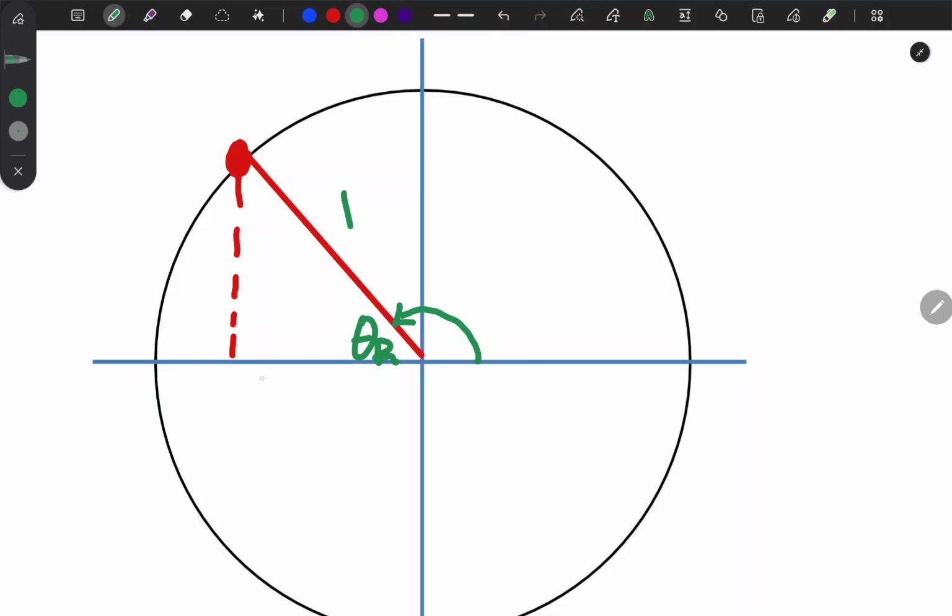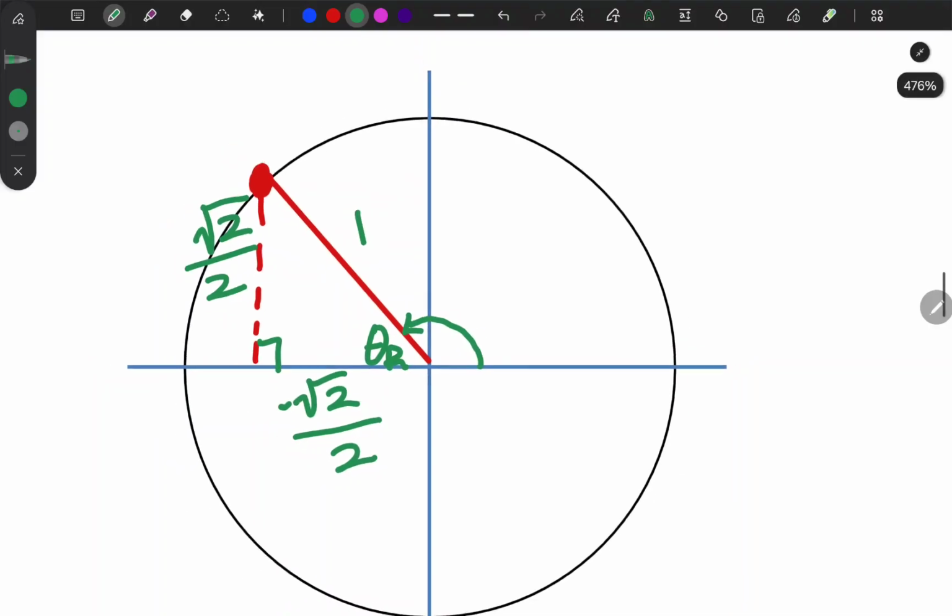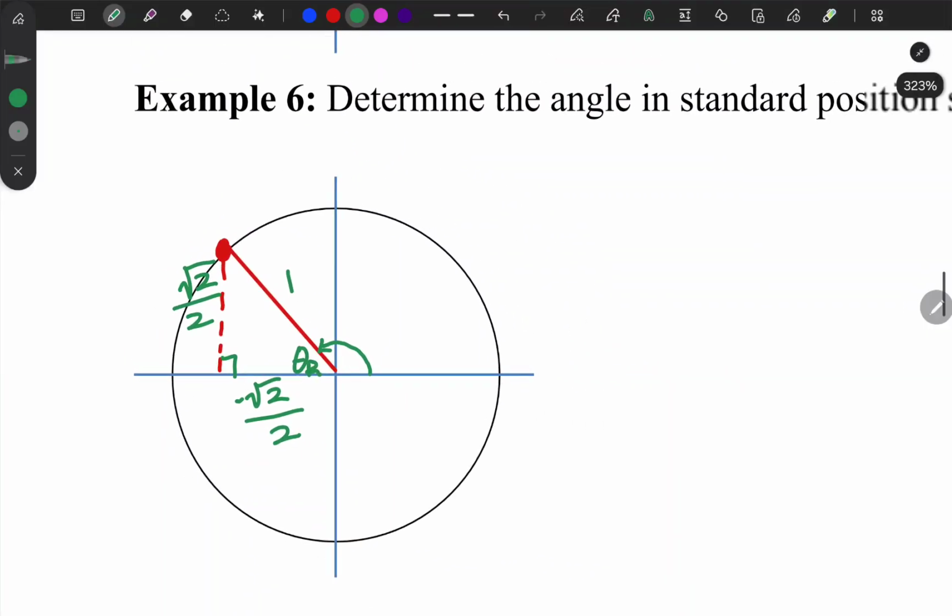So x is negative root 2 over 2, y is root 2 over 2. And we're now at the point where you hopefully look at those side lengths and recognize, oh, I know a special triangle like that. That reference angle must be pi over 4. Do you remember it was our reference angle in the last one too?